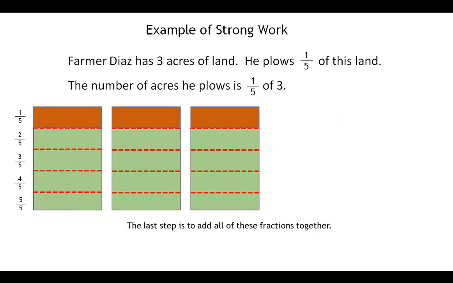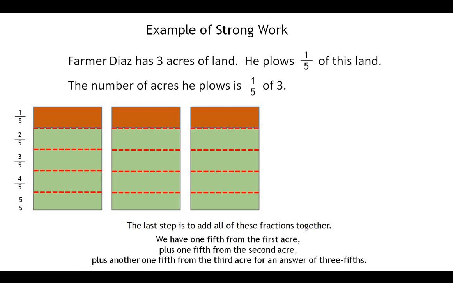The last step is to add all of these fractions together. We have 1/5 from the first acre plus 1/5 from the second acre plus 1/5 from the third acre for an answer of 3/5.